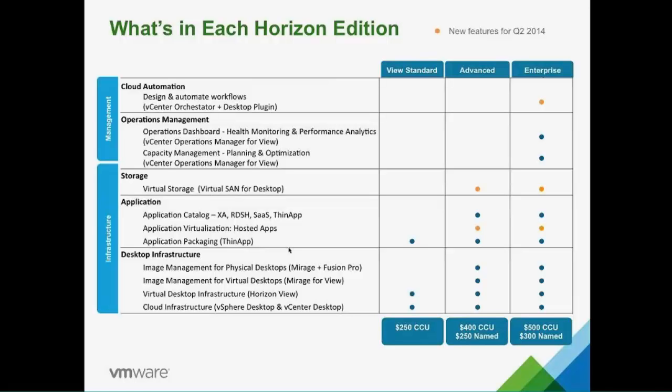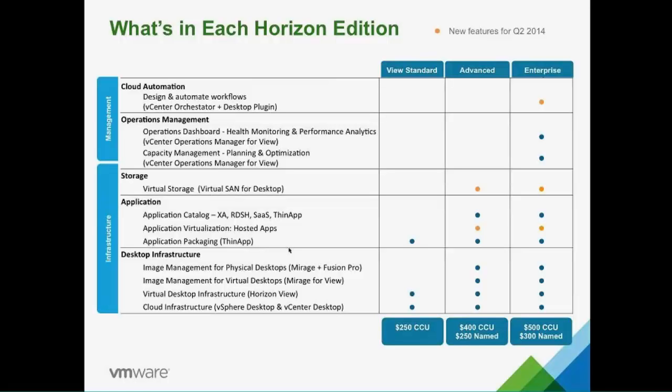Now, we move up to Enterprise. Enterprise has even more stuff, right? Sure, you've got the ThinApp applications, you've got hosted apps, and the XenApp and SaaS, and you've got Virtual SAN. But in addition to that, you're getting vCenter Operations Manager for View, okay, the thing that I was showing you to be able to track and have full insight into the environment so that you can see the desktop, the individual application, whatever you need.